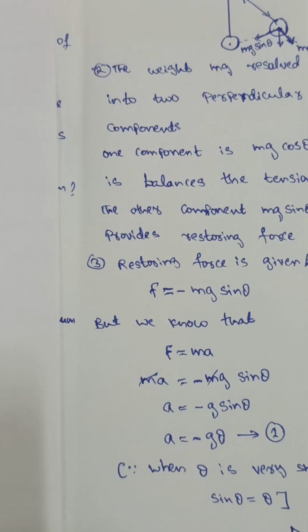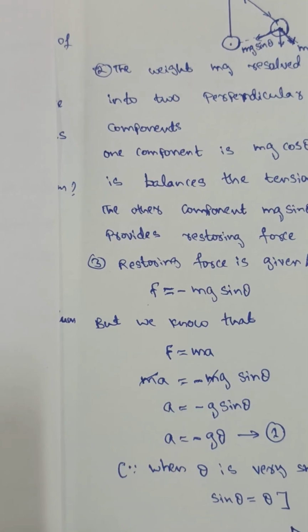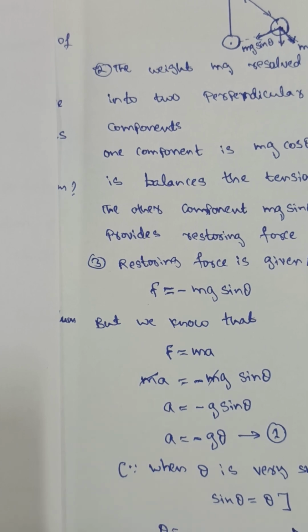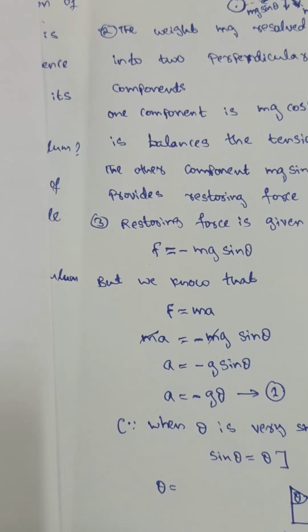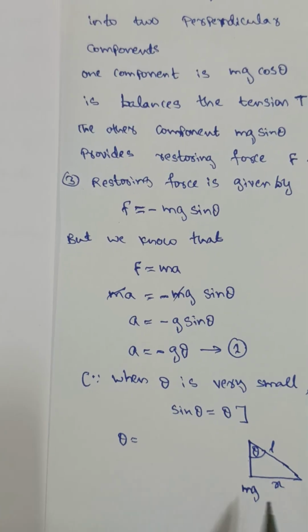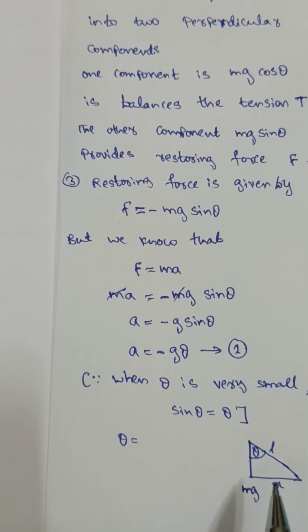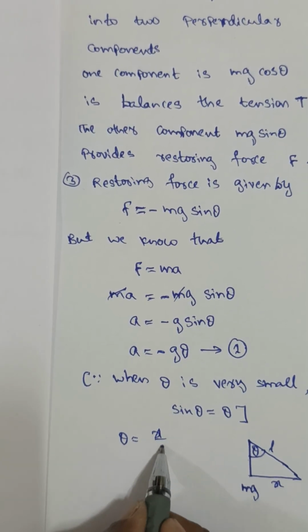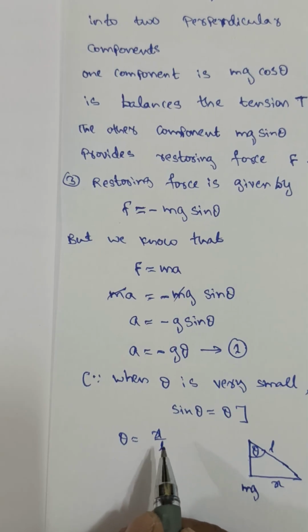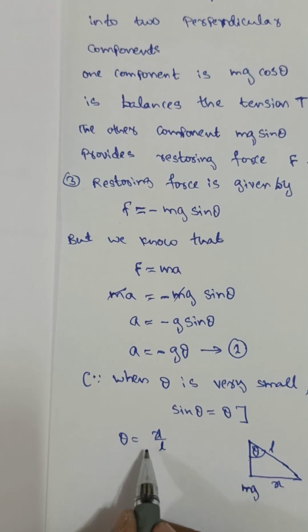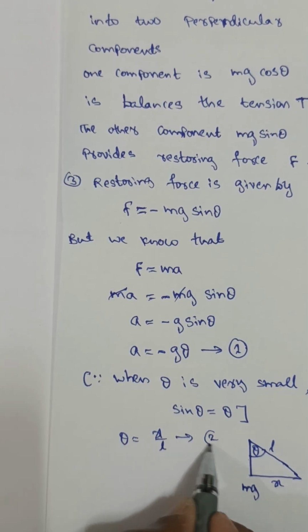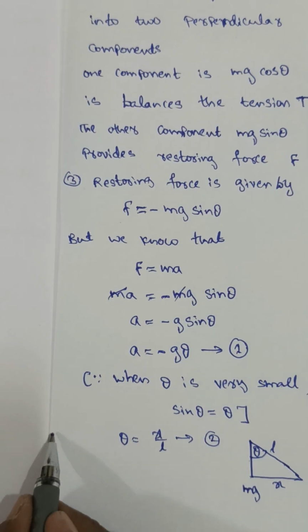Theta makes an angle between the vertical and string of the length L. Theta is equal to opposite by hypotenuse, x by L. Take it as second equation, it is fourth point.